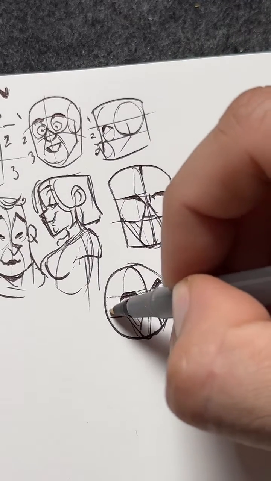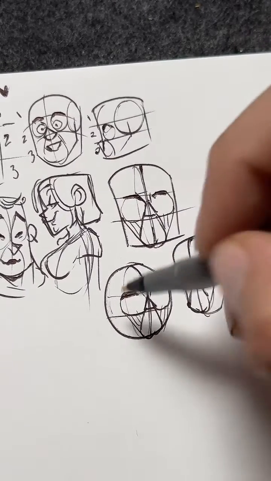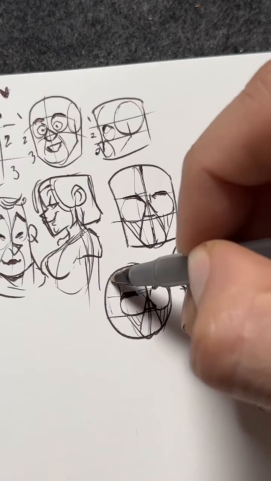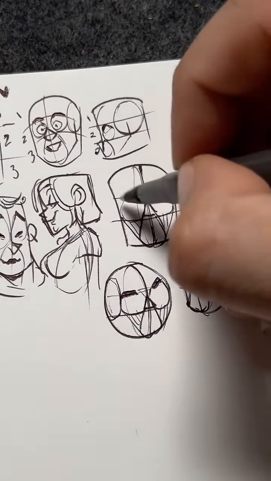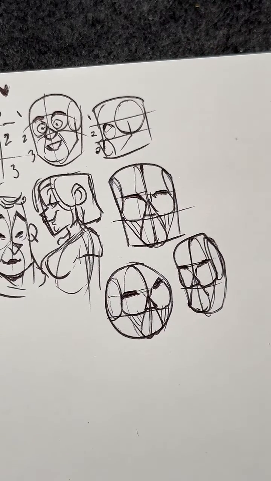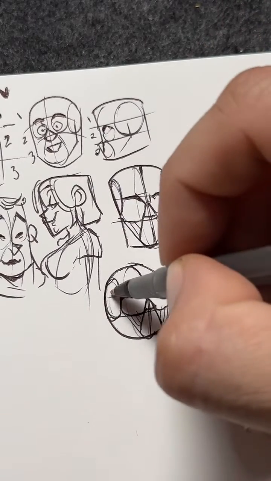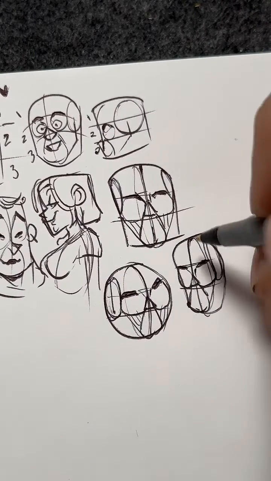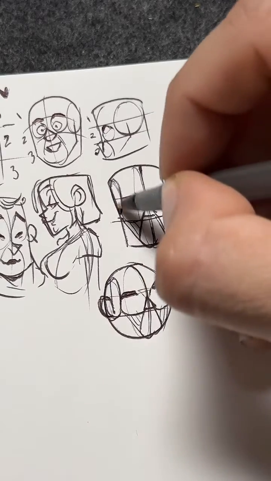The jaw structure will come from wherever you decide your ear is, and that's easy to find too, because wherever the edge of your eyebrow is, that is the side of your face. So if you can manage to find that, you split this one in half, and then to the back of that, you have your ear.